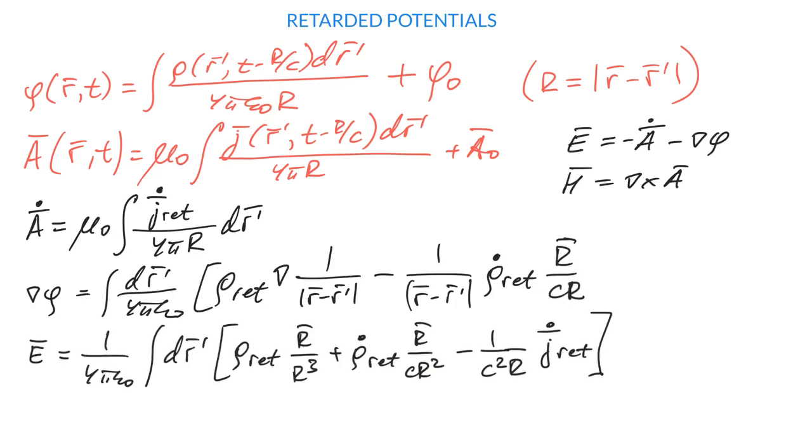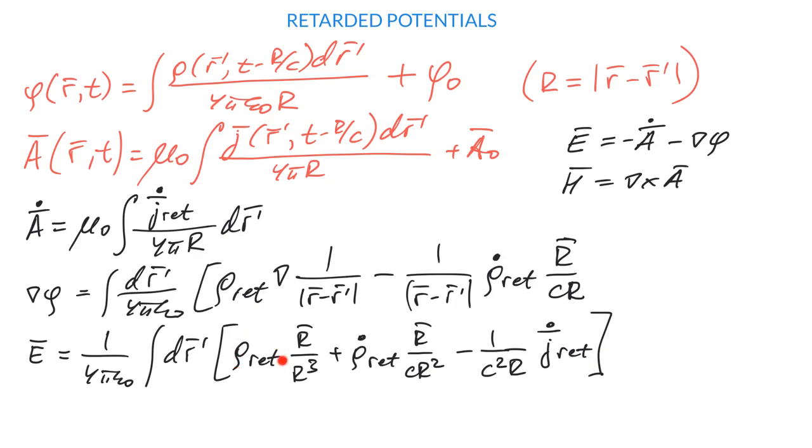So notice in this expression that the first term here looks the same as the static field corresponding to rho. And this is what we will recover if the charge and current densities do not depend on time. Then the retardation is not important.